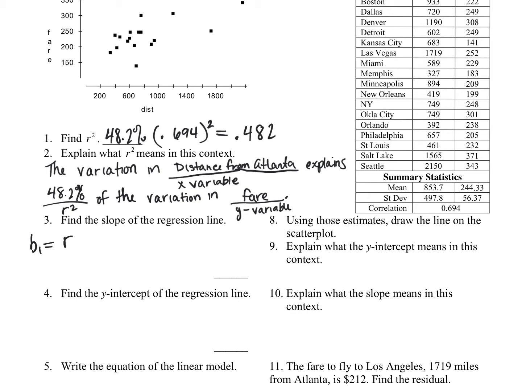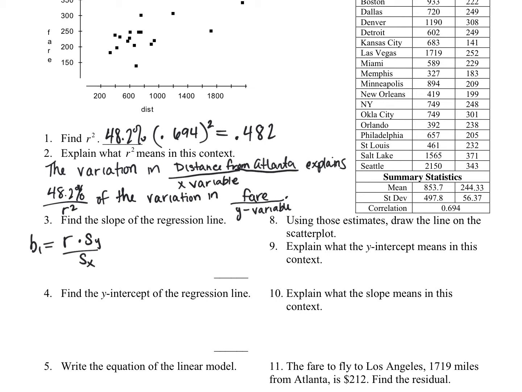Yep, there's an r in there. r times sy over sx. Okay. So the slope is the correlation times the standard deviation in y over the standard deviation of x.